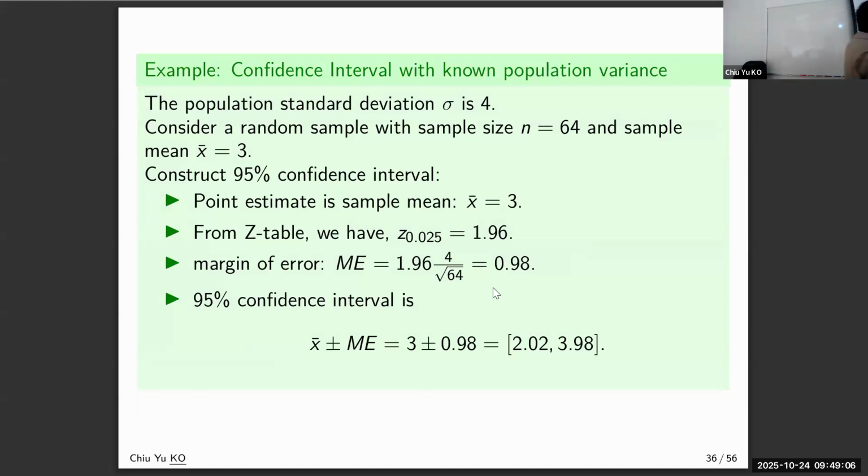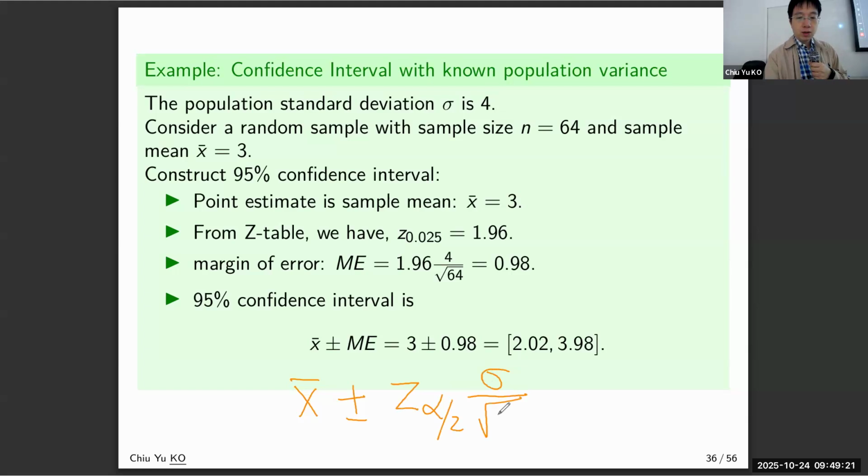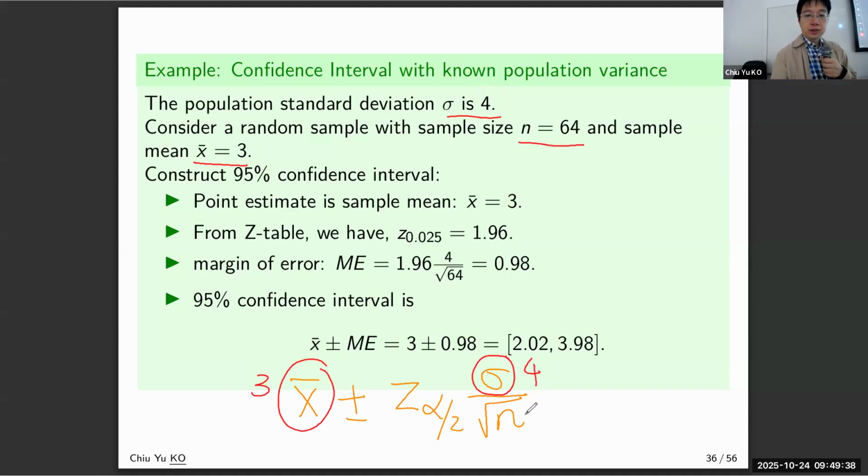So this example, let me go over that again because that would be crucial for your understanding. Just remember, this is the formula here. For this question, X bar is 3, sigma is 4, and n is 64.